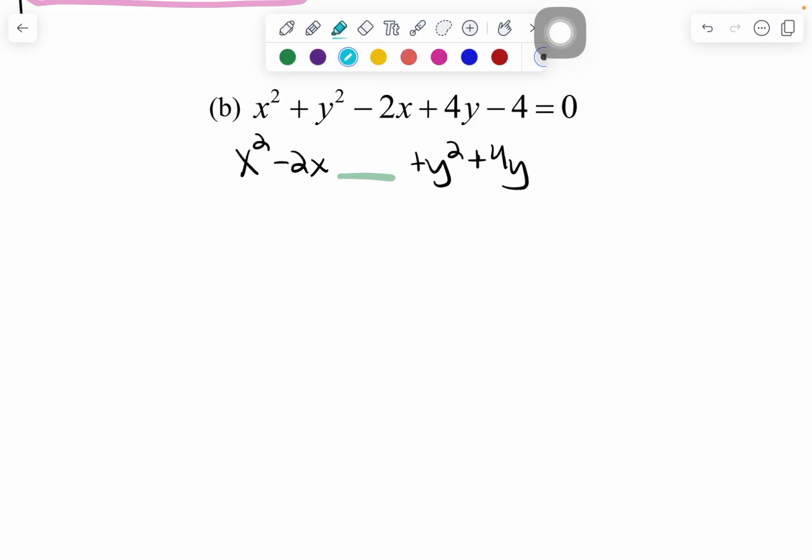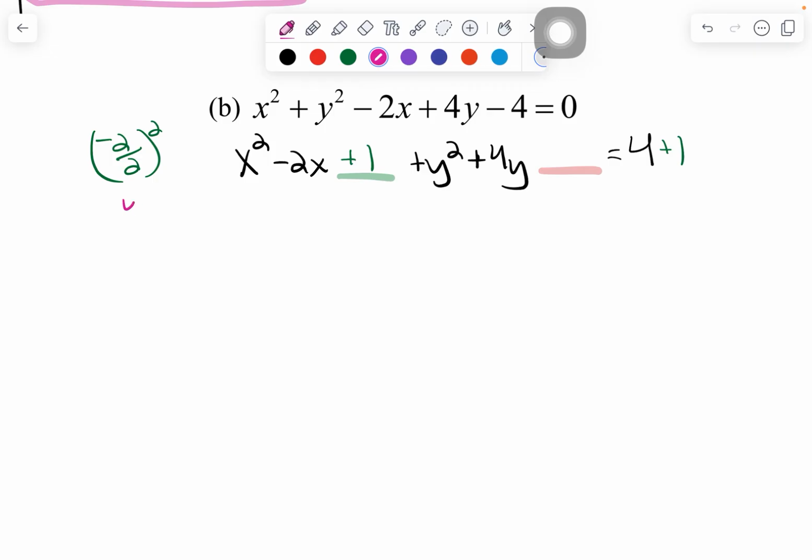And I'm a visual person. If you've watched enough of my videos, you know I've said that before. Let's see, that constant is going to get moved to the other side, and it becomes positive. All right, to complete the square for x, we're going to do -2 divided by 2 squared. That's going to become +1. Add 1 to both sides.